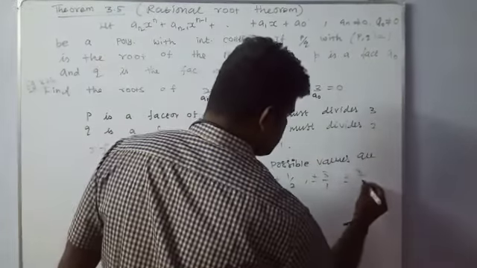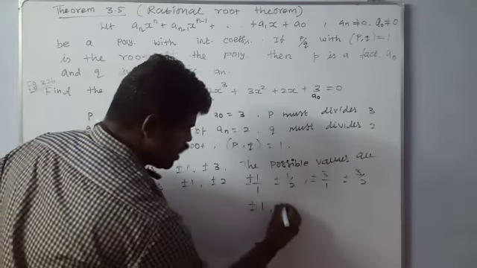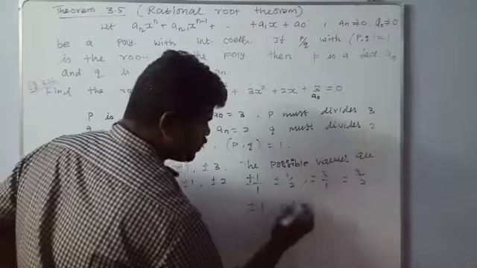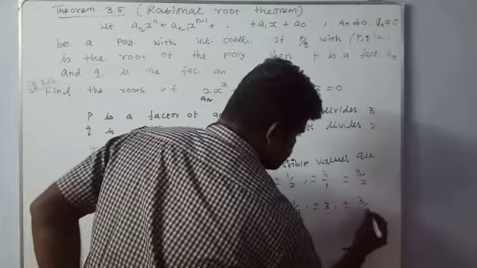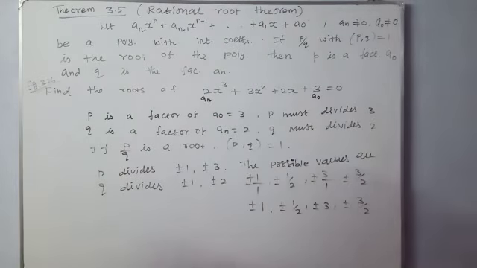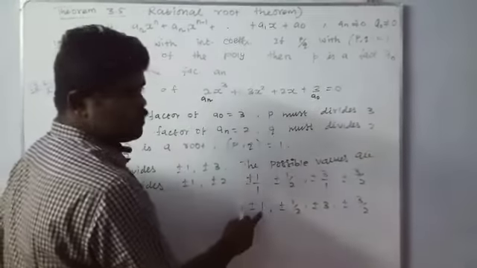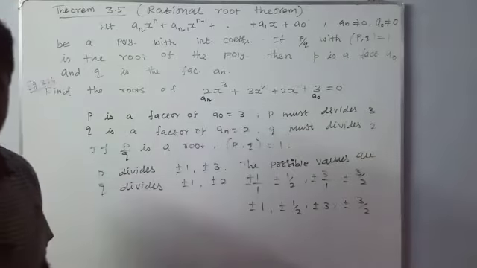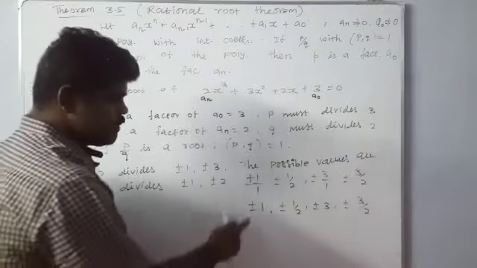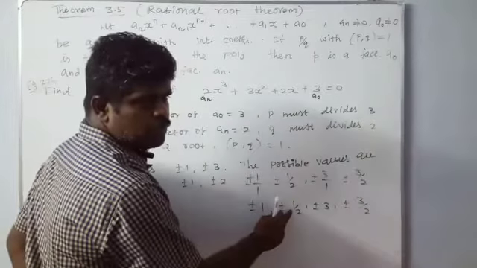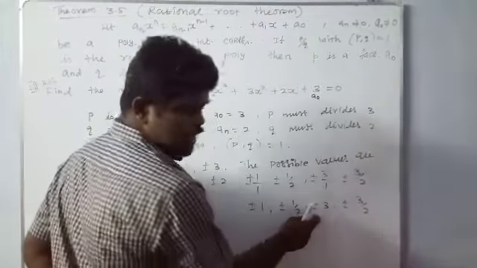So what are the values? Plus or minus 1 by 1 means plus or minus 1, then plus or minus 1 by 2, plus or minus 3, and plus or minus 3 by 2. These are the possible roots. How do we find the actual root? If we put plus 1 into this polynomial p of x and it becomes 0, then 1 is a root. Otherwise try minus 1, plus 1 by 2, minus 1 by 2, plus 3 and minus 3.